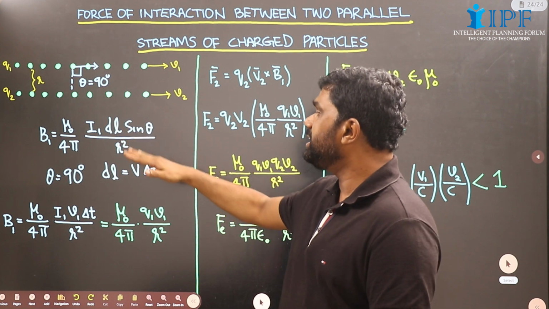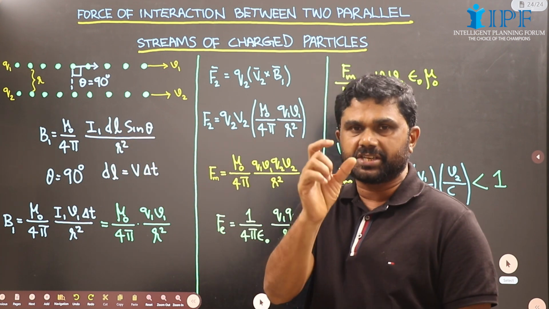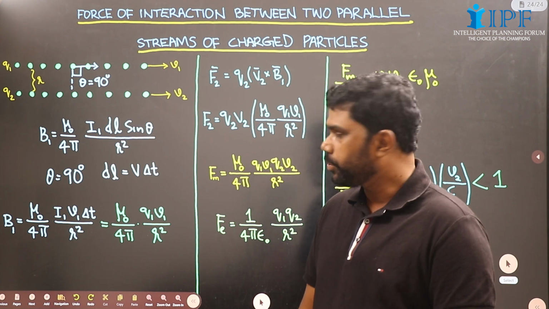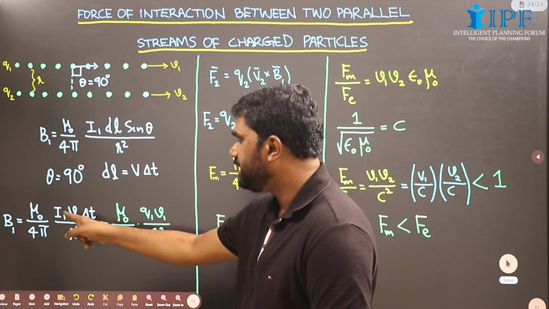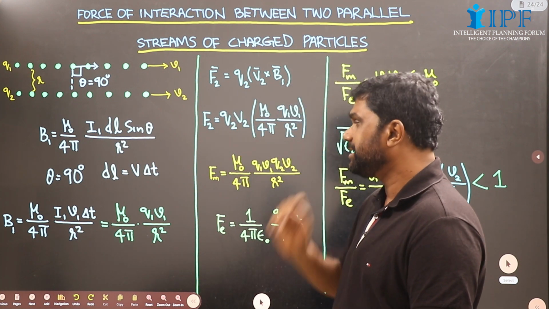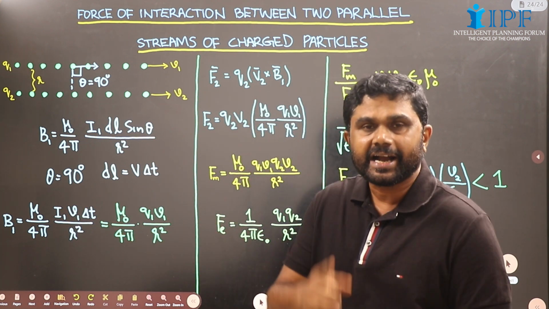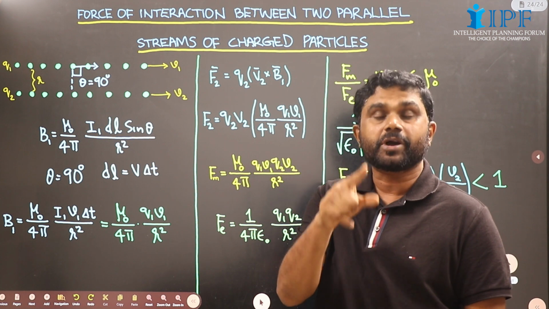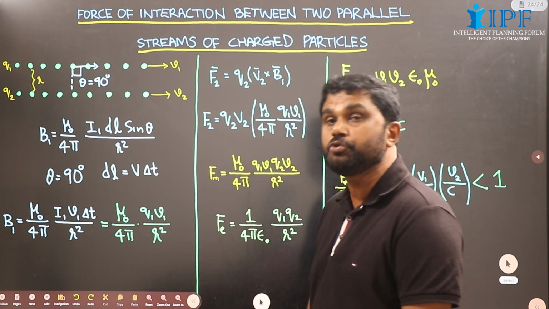So I1 dl by r square, that dl I can write as velocity into a small interval of time delta t. So we will get B1 equal to mu 0 by 4 pi I1, dl is V1 delta t, by r square. And this I1 delta t, current into time, will be charge.